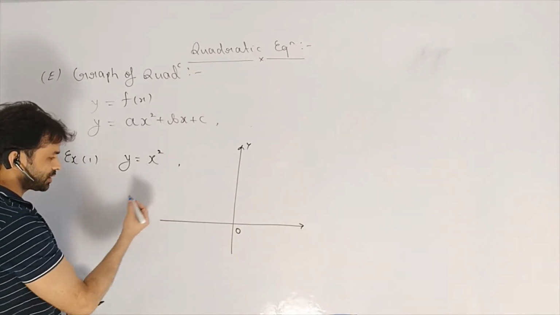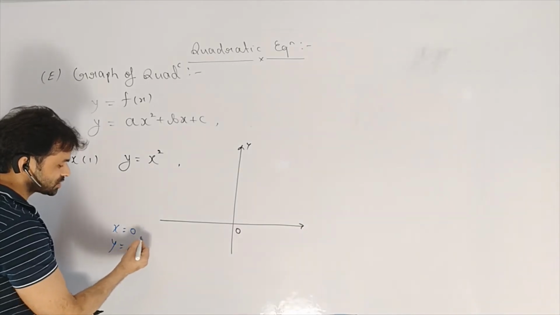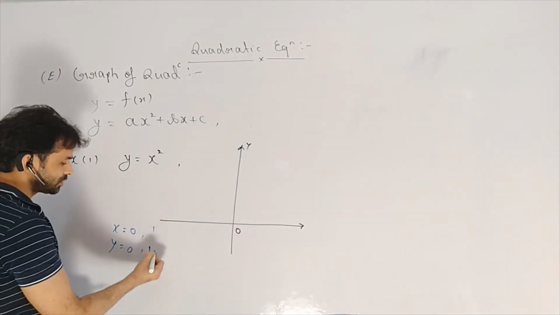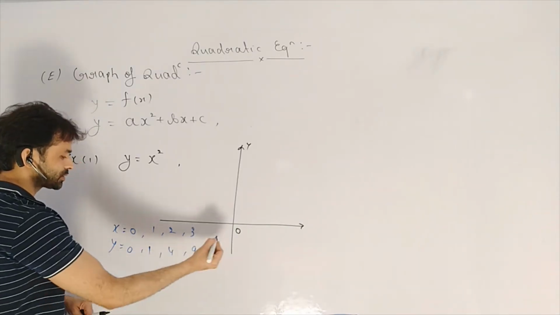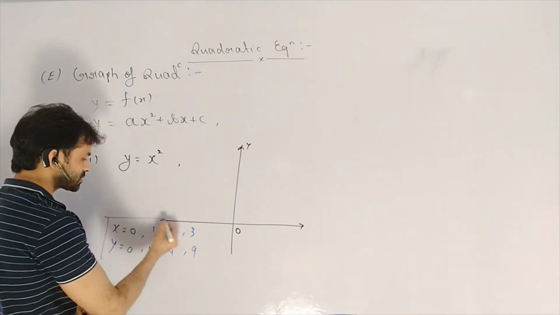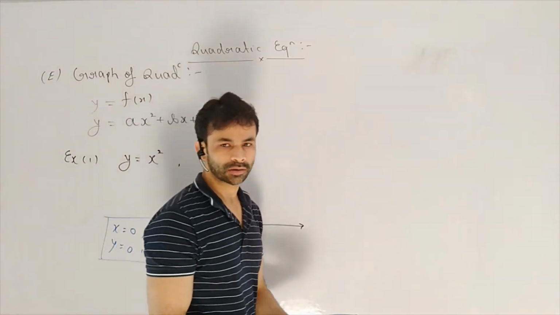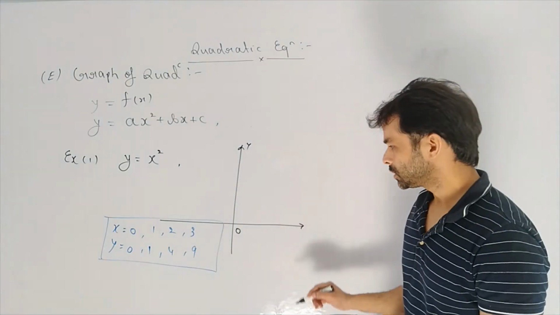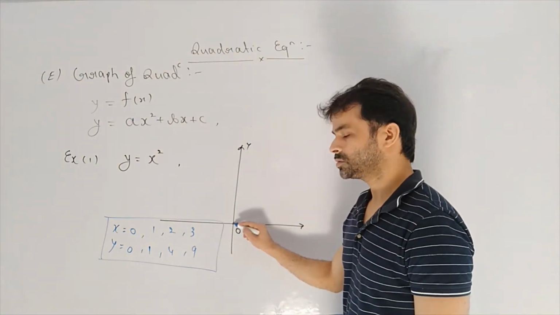So for the initial part, I can just make a table for you: x0, y0, x1, y1, x2, y4, x3, y9, like this. Just for your understanding I am writing, no need to write these things. So at x0, y0 means the point is 0, 0.